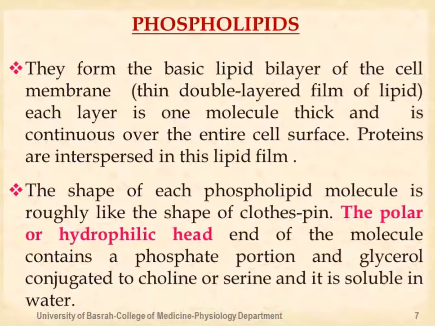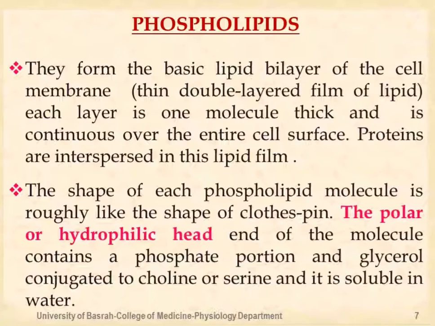We talk about the phospholipids. They form the basic lipid bilayer of the cell membrane, a thin double layer of lipid. Each layer is one molecule thick, and it is continuous over the entire cell surface. The proteins are interspersed in this lipid film.